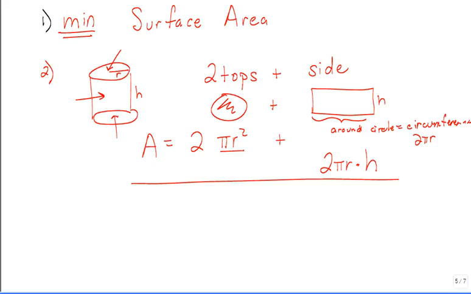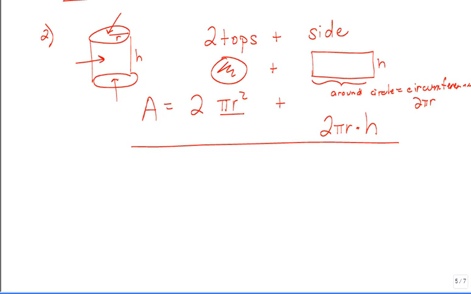Again, it has 2 variables, r and h. So the top, the area of this circle is pi r squared. If I cut this circle and lay it flat, around the circle is 2 pi r. And that's multiplied times h, because this is length times width.